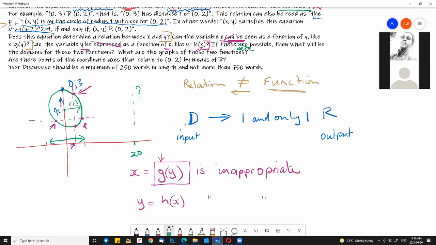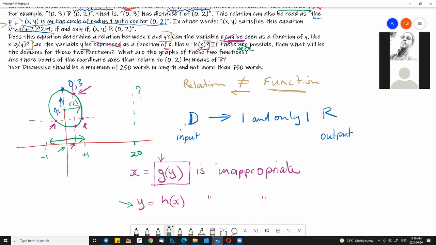Okay, so where does the circle exist? Well, we know the center of the circle is on the y-axis, where x equals 0. And we know the size of the circle, the radius of the circle is 1. So the circle exists between -1 and +1. So this would be the domain of y in terms of x, right?